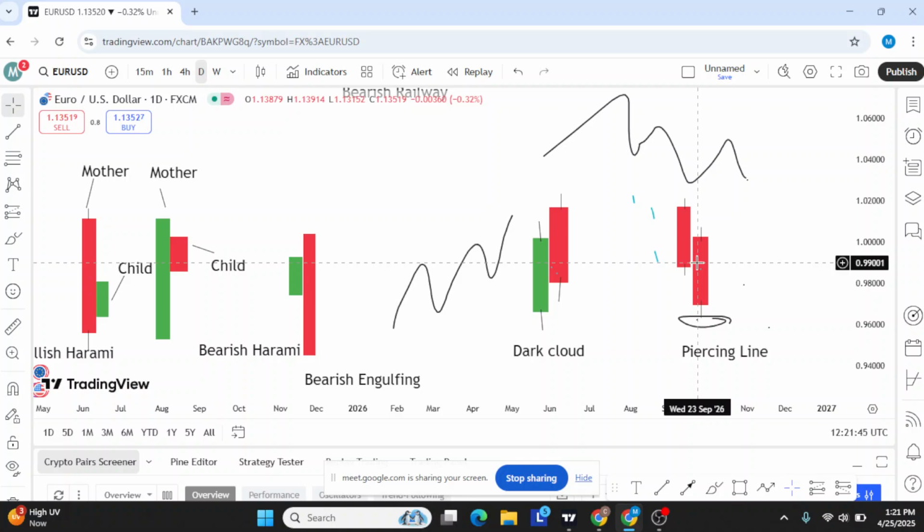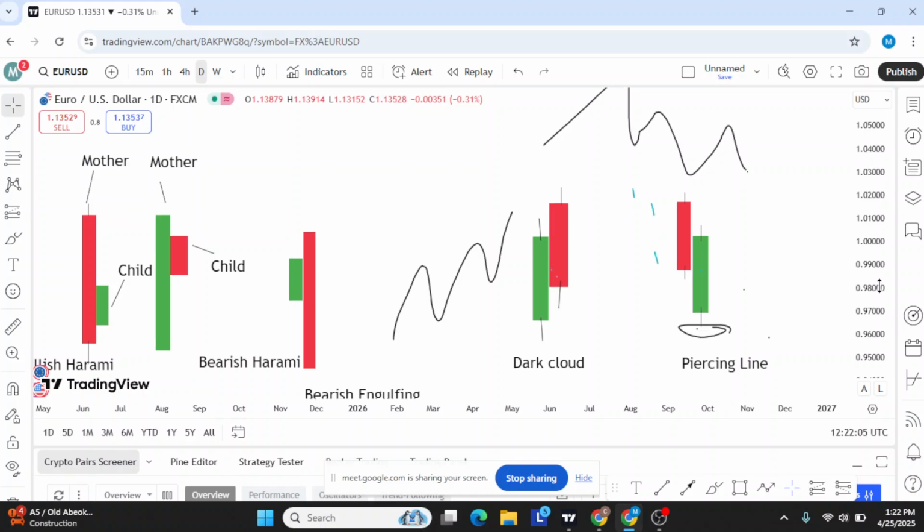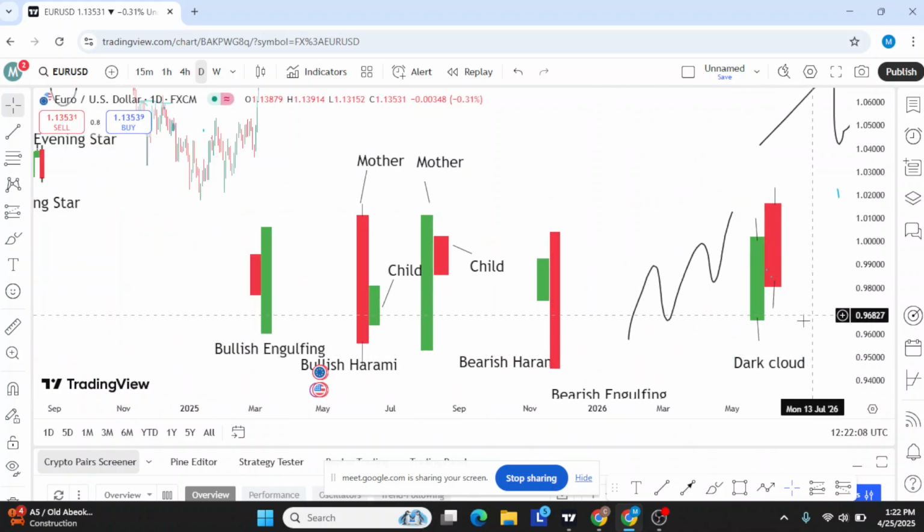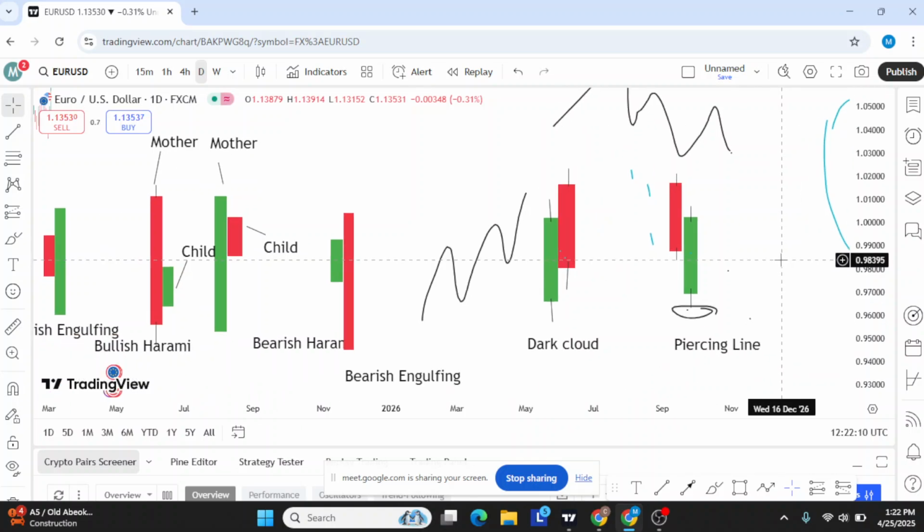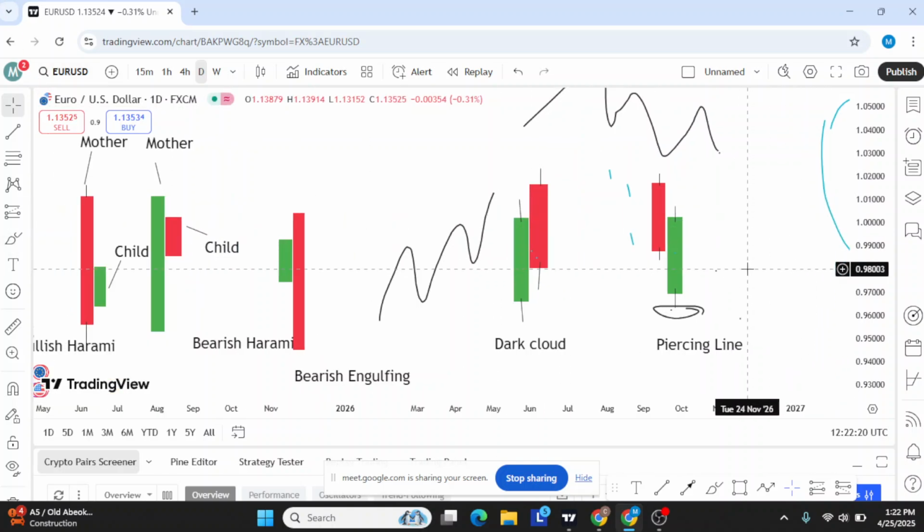With the bearish scenario, the buyers try to push the price up, but when this candle closes bearish, it closes here. That would be an indication that the sellers are still interested in pushing the price downwards. But that doesn't happen. What happened is we are seeing a bullish candle. So in this scenario, the colors matter, because it's the color that makes us know what is actually happening in the market.